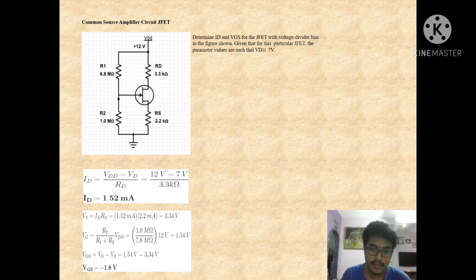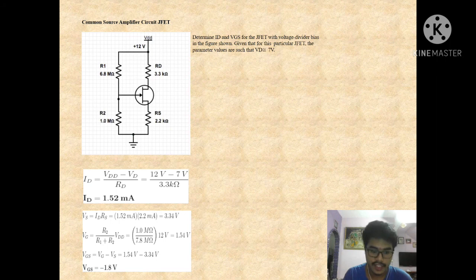Our VDD is 12 volts and our VD is 7 volts. RD is 3.3 kilo ohm. So our ID will be 1.52 milliamperes. For VS, ID times RS. So 1.52 milliamperes times 2.2 kilo ohms equals 3.34 volts.